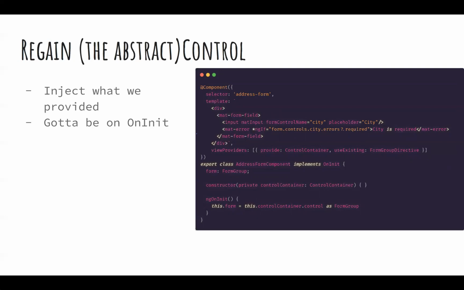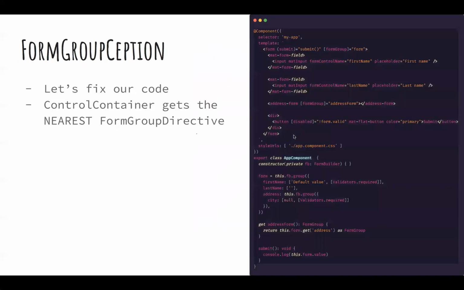You can access the errors again. As you can see, the mat error is back, and we can access the error object. So what if we want to treat the address as its own form group? You've probably done this before yourself, where the address itself is its own form group object.